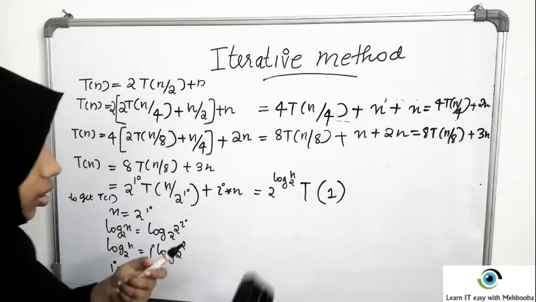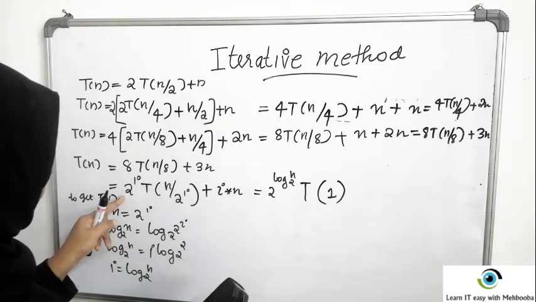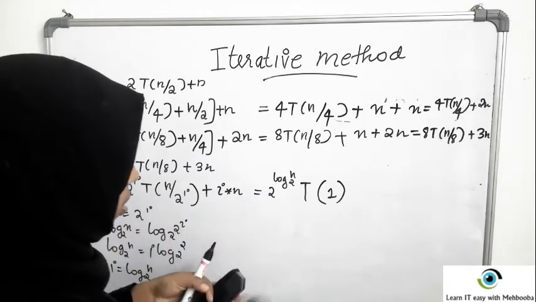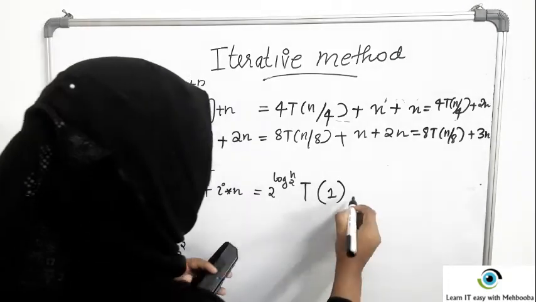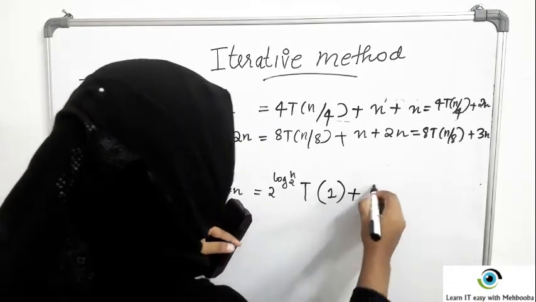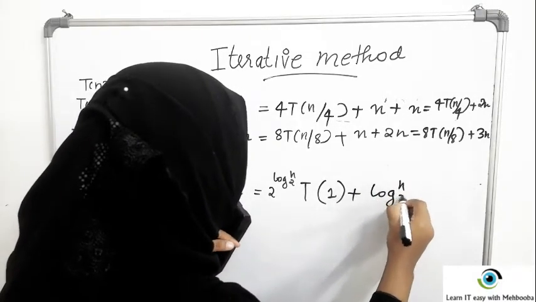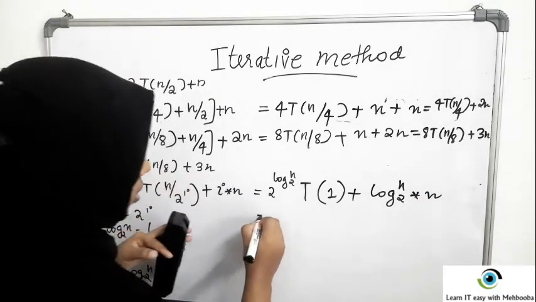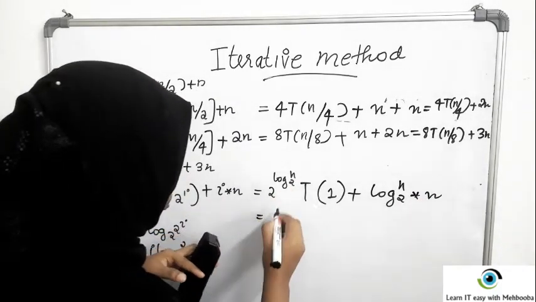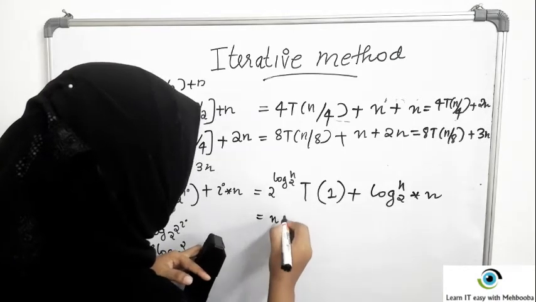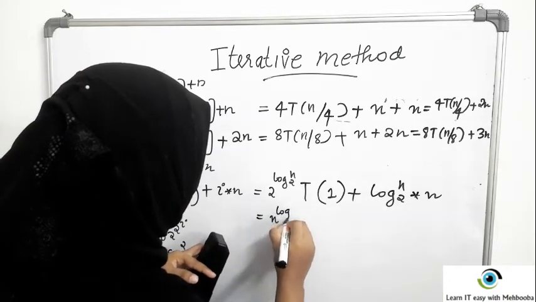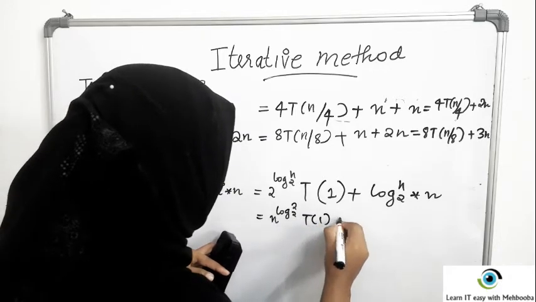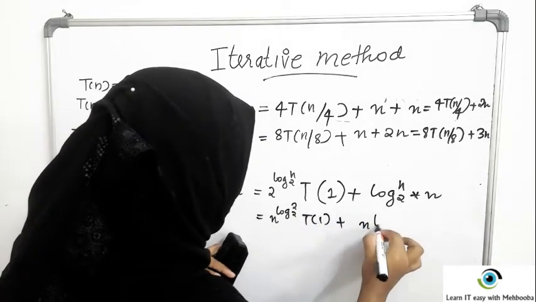Definitely n and 2 raised to i are equal, so this becomes T of 1 plus i, which is log n to the base 2, into n. So 2 raised to log n to the base 2 can be written as n raised to log 2 to the base 2, into T of 1 plus n into log n.